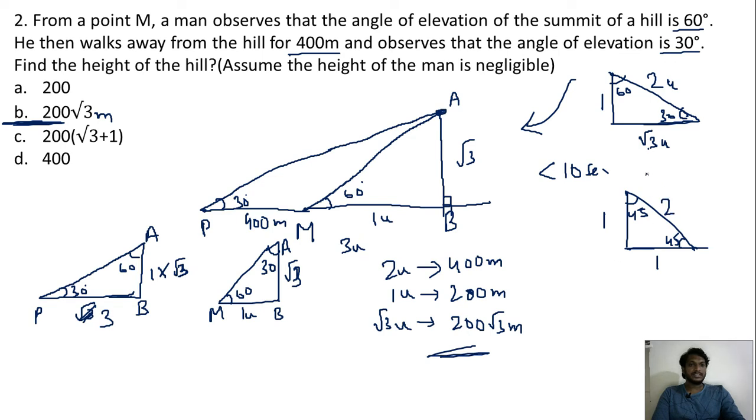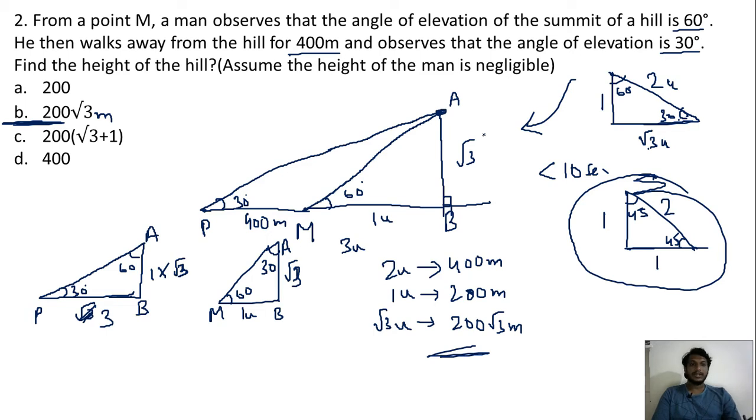So these are the ratios of the right angle triangle where the other angles are 45 degrees, and here is the ratio of the sides of the right angle triangle where we have 30 degrees and 60 degrees as the other angles.